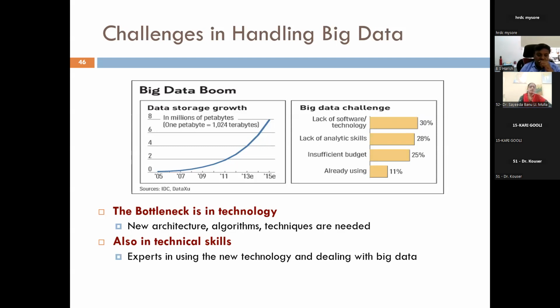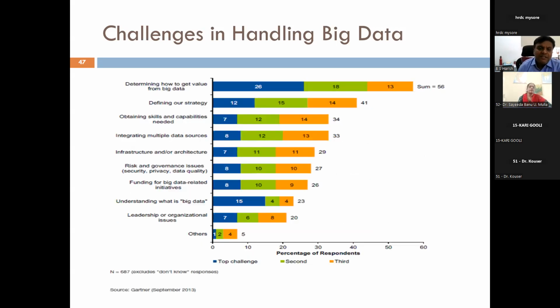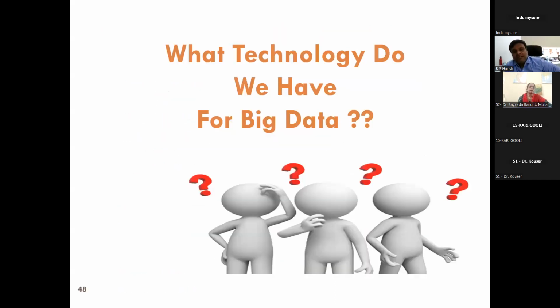This also requires a lot of attention, especially in terms of technicality, to handle big data. These are some of the challenges.